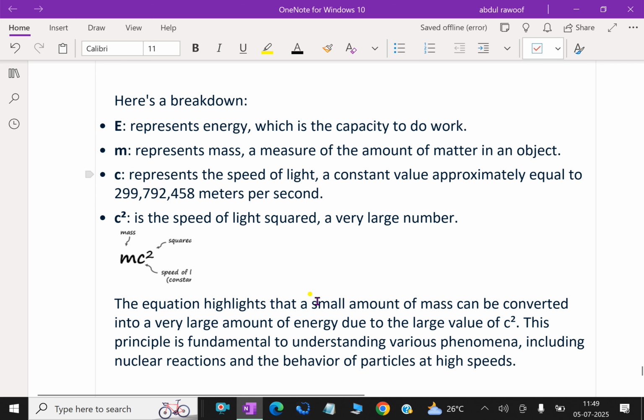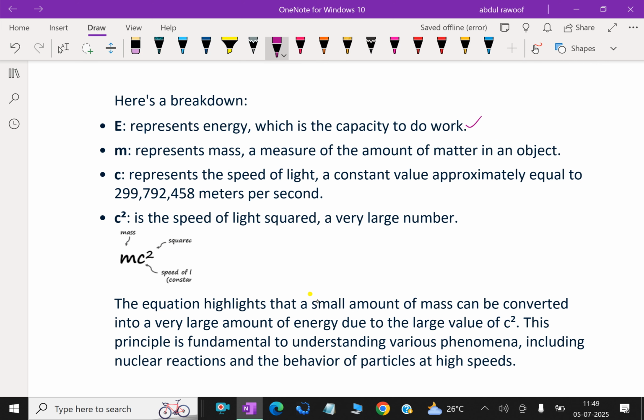Here are some basic things. E represents the energy, which is the capacity to do work. M represents the mass, a measure of the amount of matter in an object.